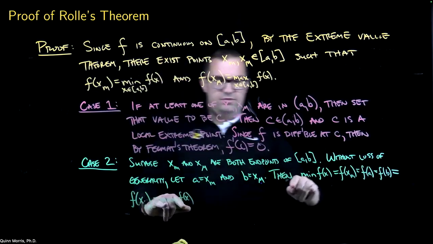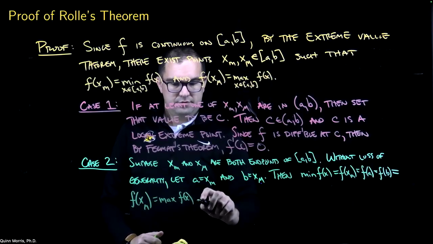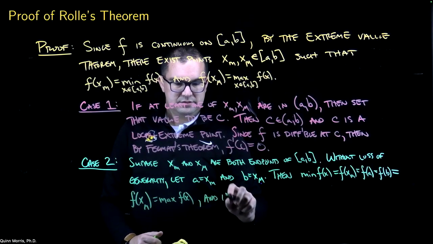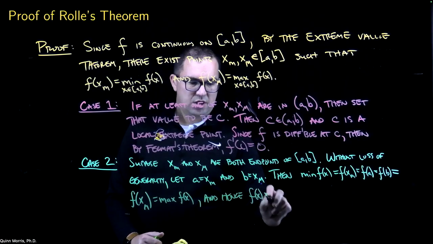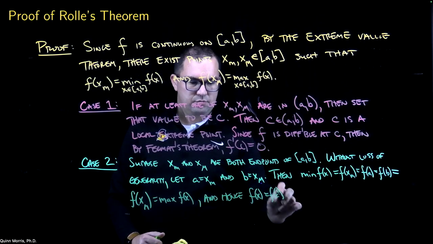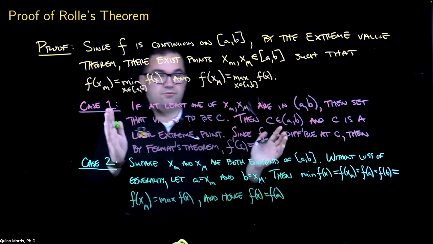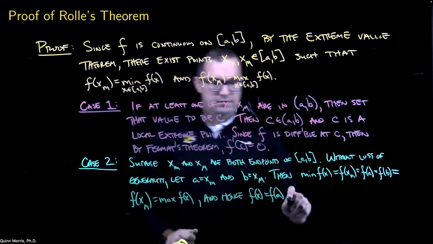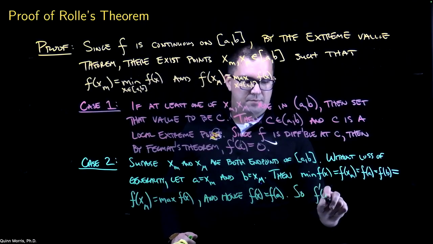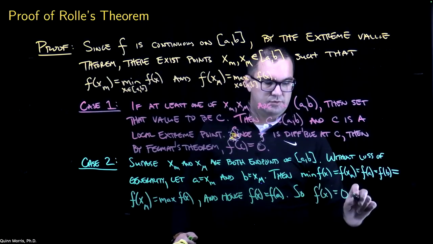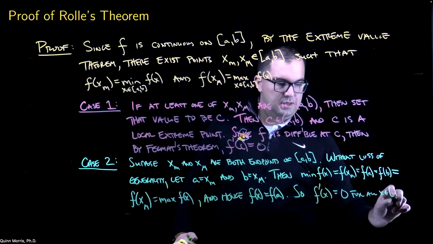And so again, the minimum value and the maximum value of f of x are equal to each other. And hence, f of x is constant and, for example, must be equal to the value at the left endpoint, which is the same as the value at the right endpoint, however you want to write it. But if f is a constant function, then f prime of x is equal to 0 for all x in AB.